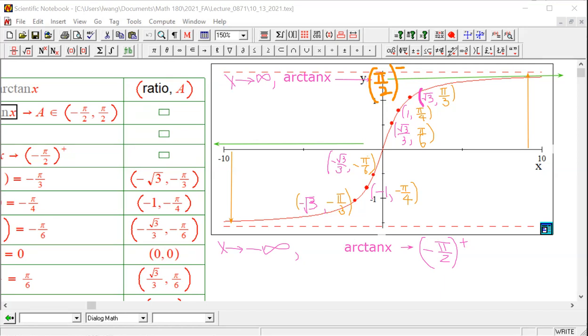So with that said and done, you can see the tangent function on that piece is increasing. Its inverse function is also increasing, right? So we have a feel for these two functions as a pair of inverse functions. But now what if we compose these two functions together? Composition of them.